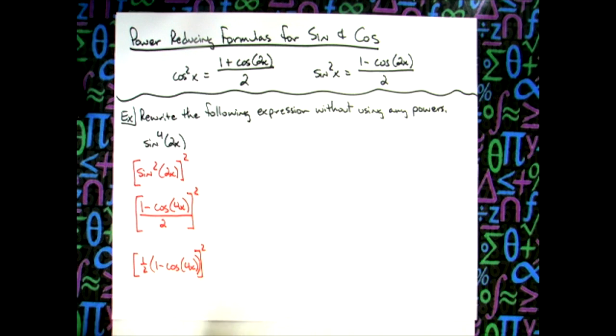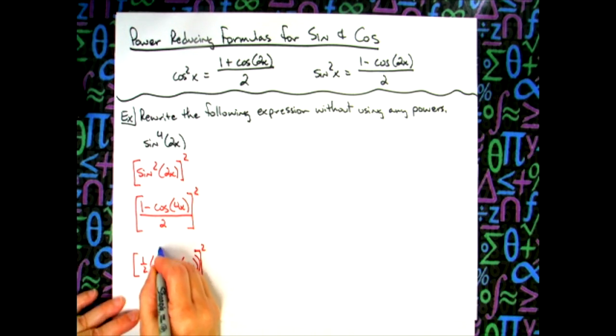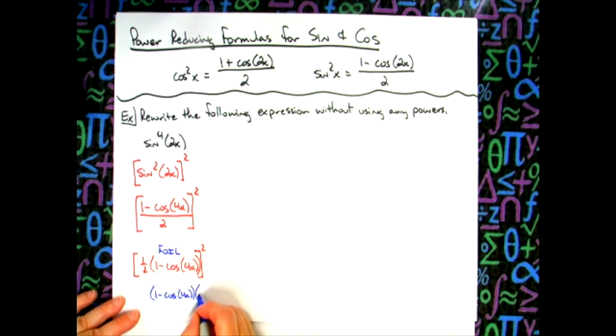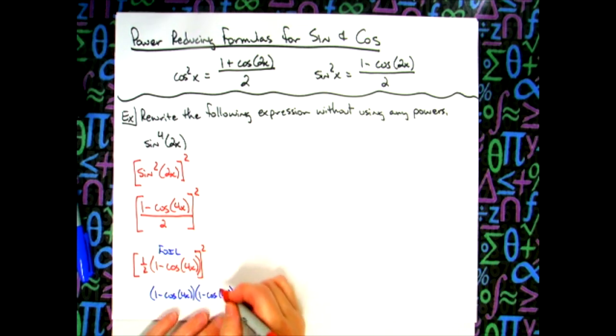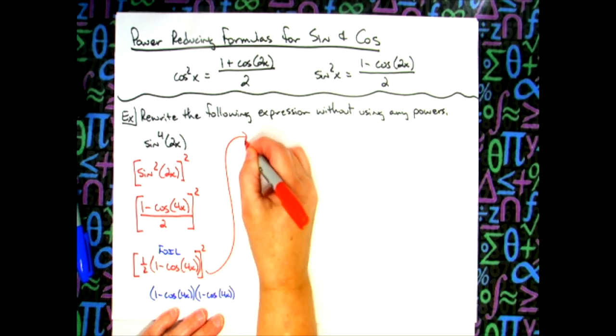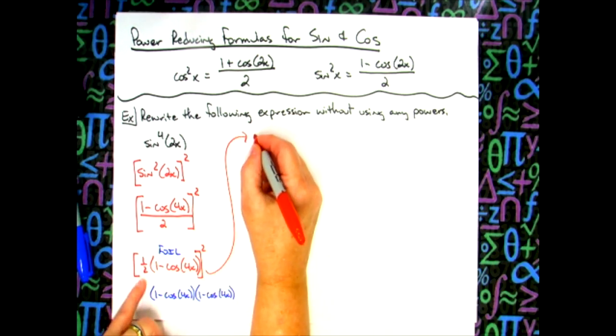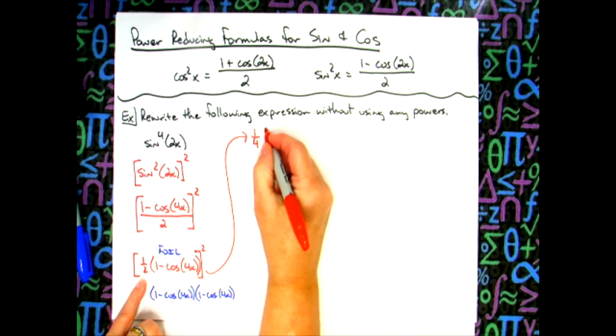So basically, I'm going to be foiling this out. So let's write FOIL right here, and then I'm really multiplying a 1 minus cosine of 4x by a 1 minus cosine of a 4x. So we'll come up here and we'll do that squaring. We'll have the 1/2 squared, which is going to be a 1/4. I'm going to leave that on the outside.